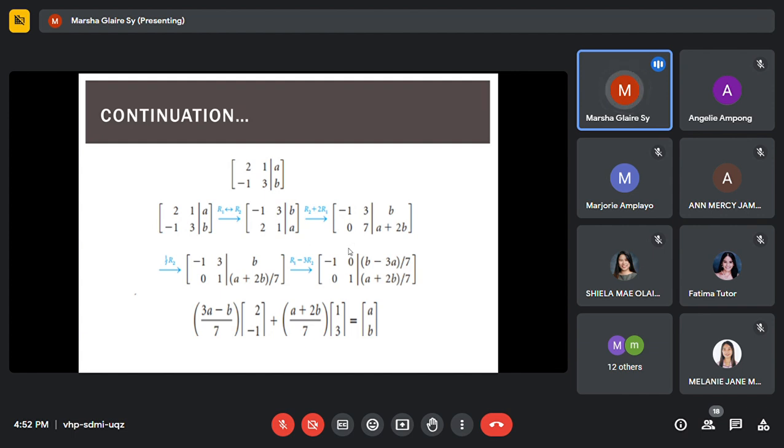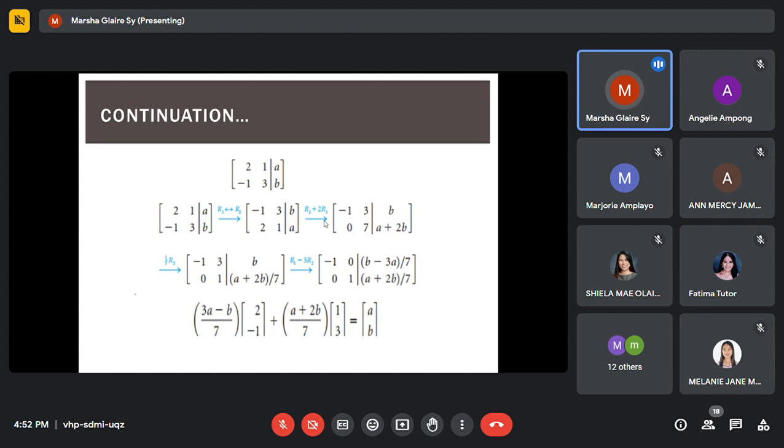And row reduction produces, if we are going to reduce this one, the row reduction, we have here [2 1 | a; -1 3 | b]. Row 1 and row 2, they change places. So we have here -1, 3, b, and 2, 1, a. Then row 2 plus 2 r1.